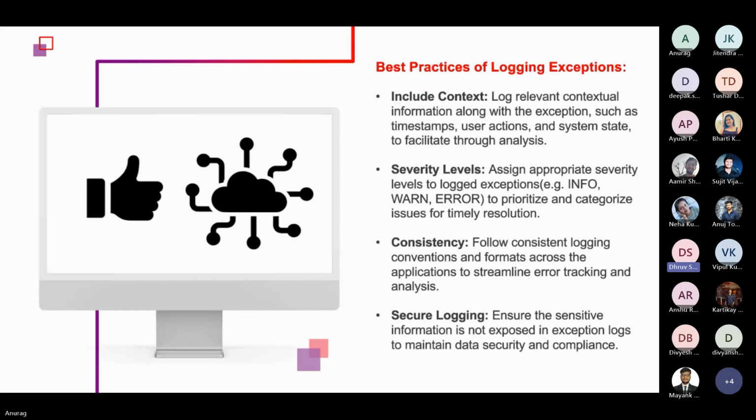Third one is, we do have many best practices for logging exceptions. First one is include context. Log relevant contextual information along with the exception, such as timestamps, user actions, and system state to facilitate thorough analysis. So in this one, we try to include as much data or information as possible to log.